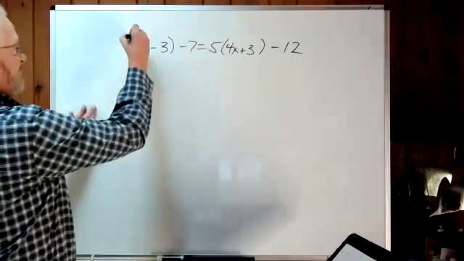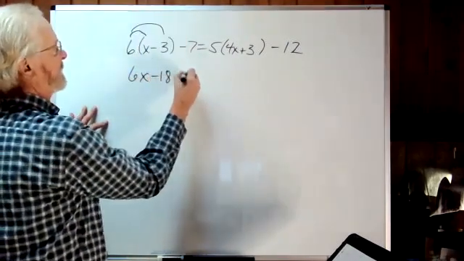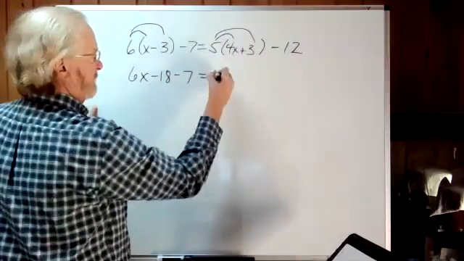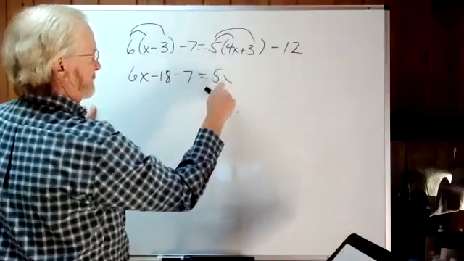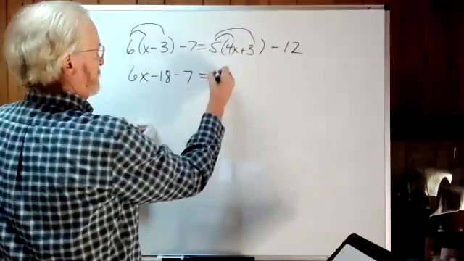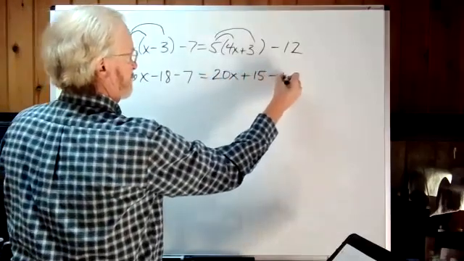So here I go, 6 of each of those. 6x minus 18 minus 7. 5 of each of those. 5, oops. 5 times 4, 20x. Plus 15 minus 12.